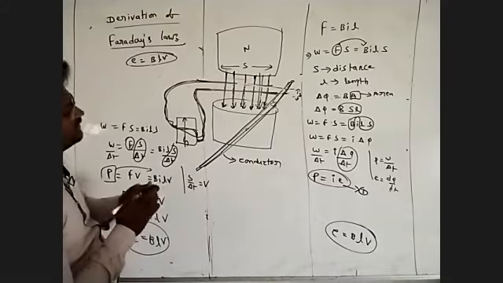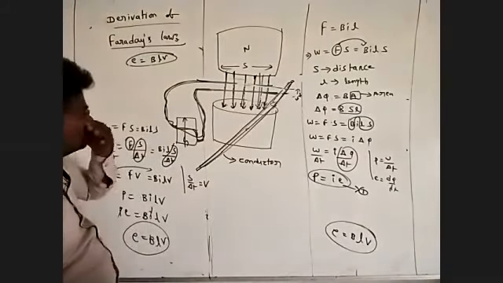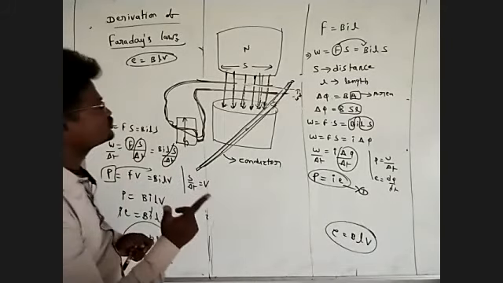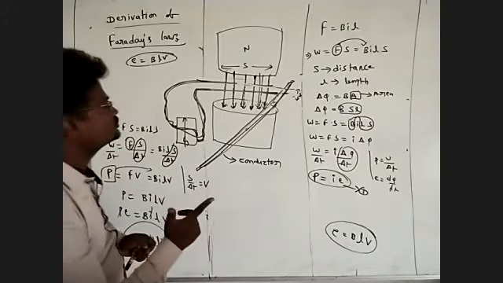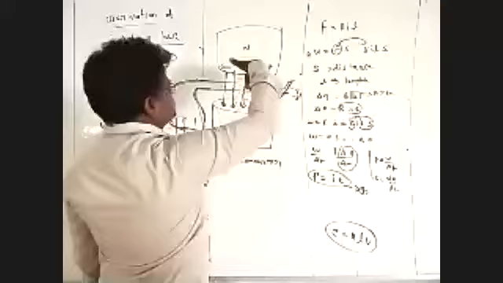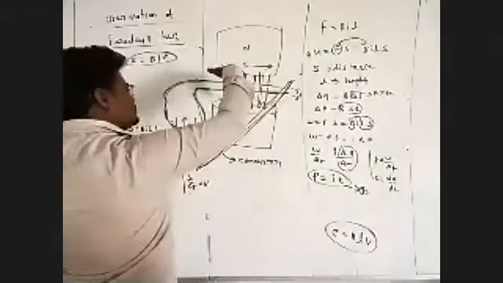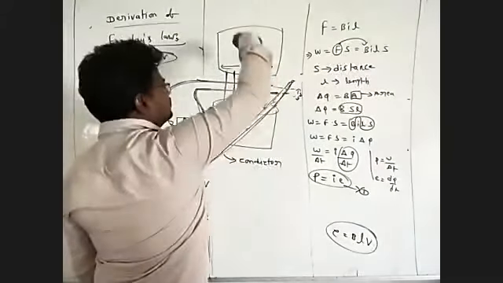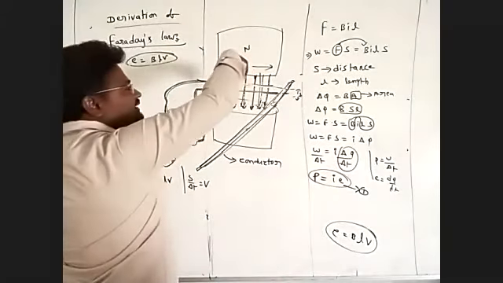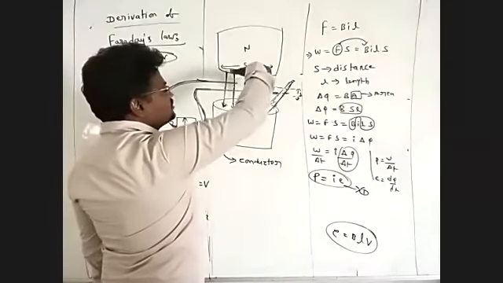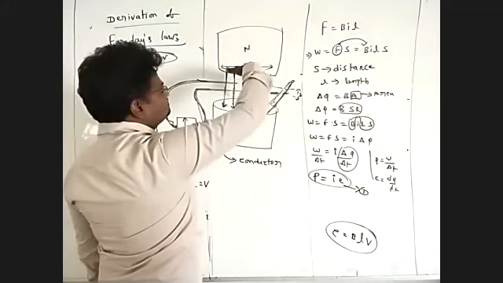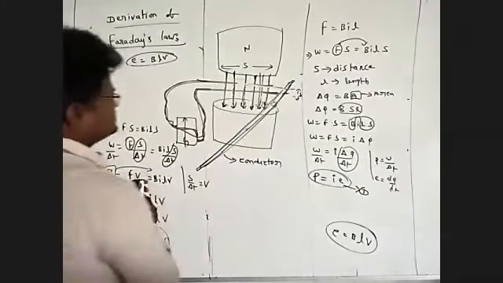Suppose the connector moves in this direction, what type of current will flow? You will see the Fleming right hand rule, as we know this is a generator. This finger shows the direction of the magnetic field lines, this is the motion of the conductor, and now you will see in which direction the current flows. Let us generalize this equation.